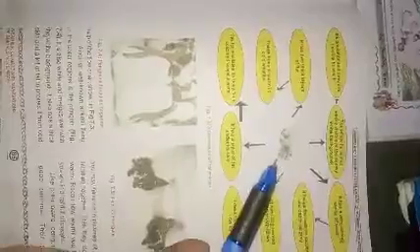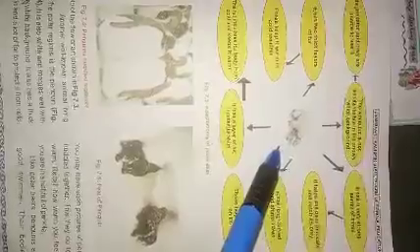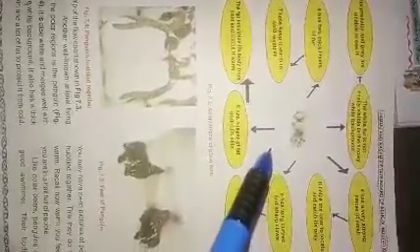So to understand this, let's take an example of a polar bear. Now dear students, this is a polar bear. This polar bear has some special characteristics. On the basis of these characteristics, he is able to survive in a very cold climate, in the polar regions of the world which are very cold.